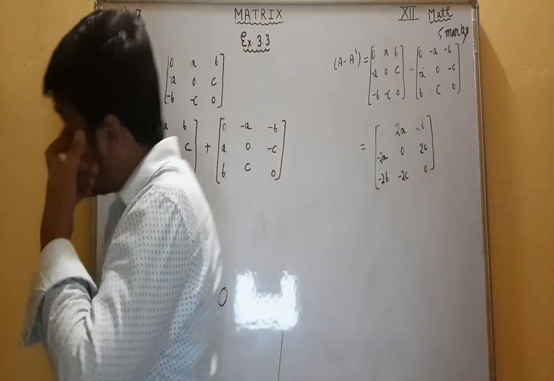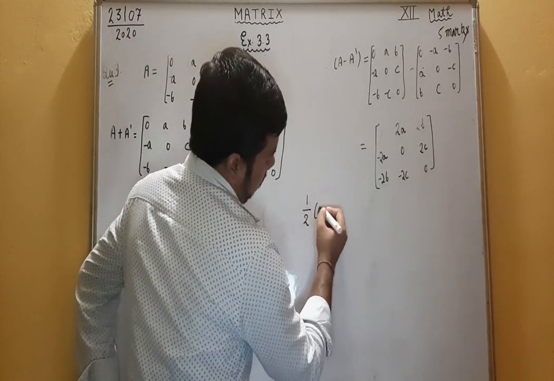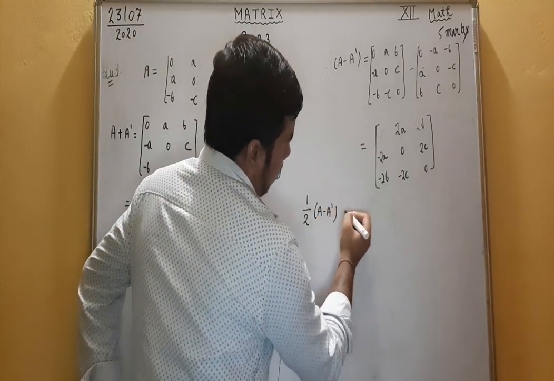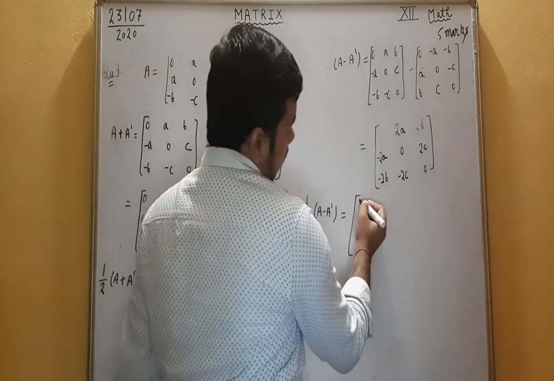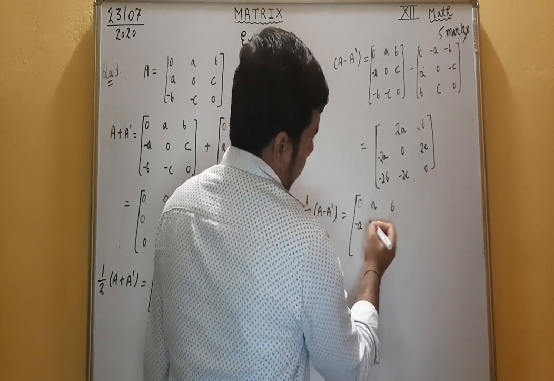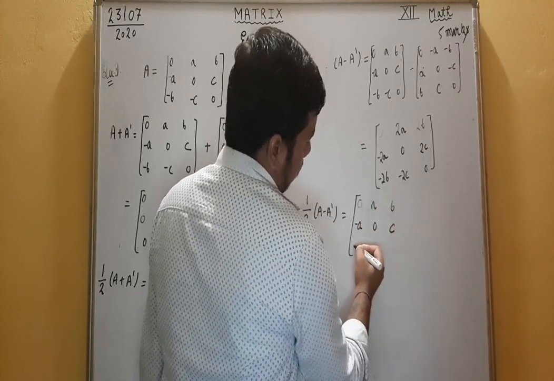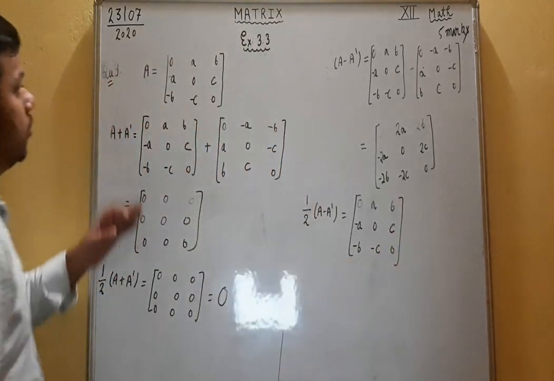Now we have to find the value of half of A minus A dash. So let us see, half of A minus A dash. Just simply multiply by half in each entry. 0, a, b, minus a, 0, c, minus b, minus c, 0. And this value is what?